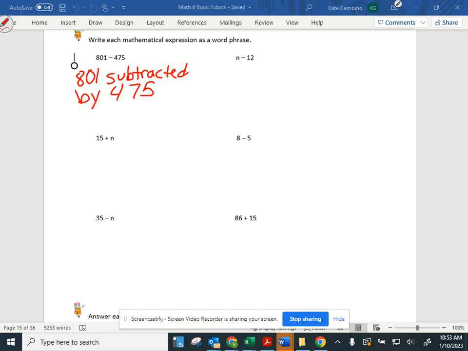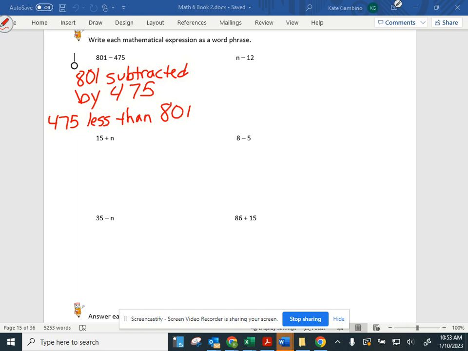475 less than 801. So we start at 801 and we subtract away. We're going less than 475.